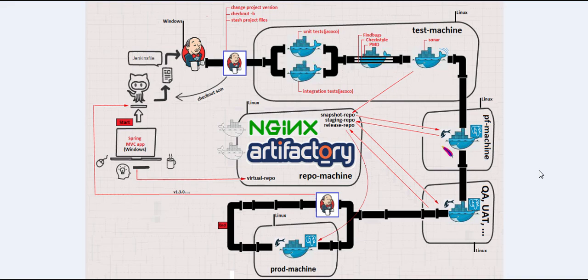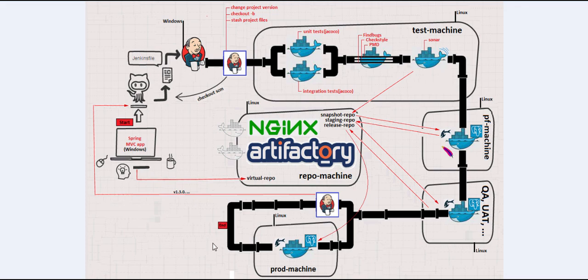We can use archive and unarchive pipeline commands, or we can use the stash and unstash commands, or we can even use some plugins like the copy artifact plugin. We will use stash for stashing files, and we will unstash these files when we need them on a Linux machine.